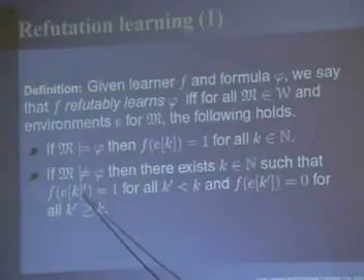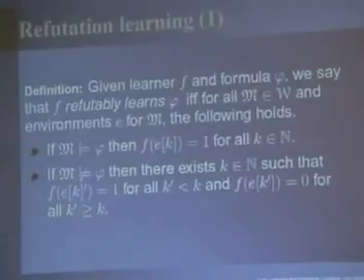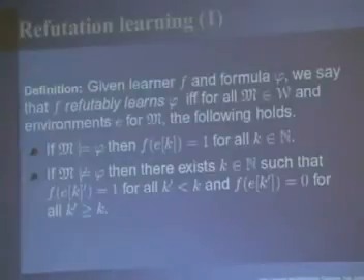Finally, learning in the limit. Given learner f and formula phi, we say that f learns phi in the limit if and only if for every model M in the class of concepts or models we have selected and for the environment E for M, the following are true. If phi is true in the model M, then the learner f has to output 1 for all but finitely many k.